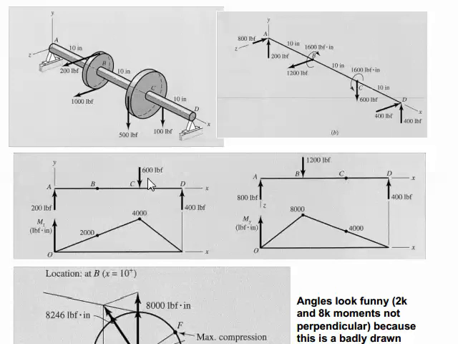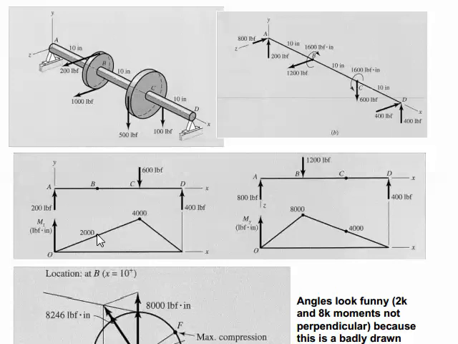Now, the question is, where are we most likely to fail? We are most likely to fail, I think, where we are at our worst moment, our worst moment magnitude. At point B, we have a moment of 8,000 in one direction, and at point B we have a moment of 2,000 at 90 degrees from there.